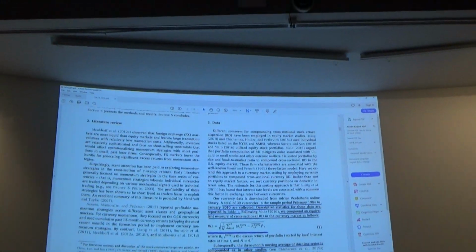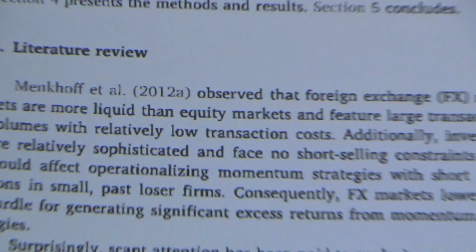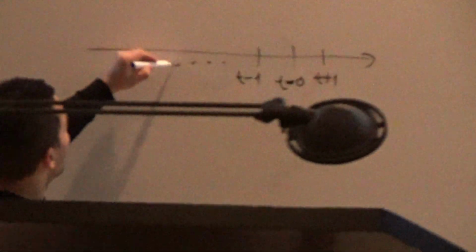You might remember from earlier lessons that we discussed momentum in equity markets. If you remember this timeline, let's say today we are at time t0, then we have t plus 1, t minus 1, and so on, t minus 12.